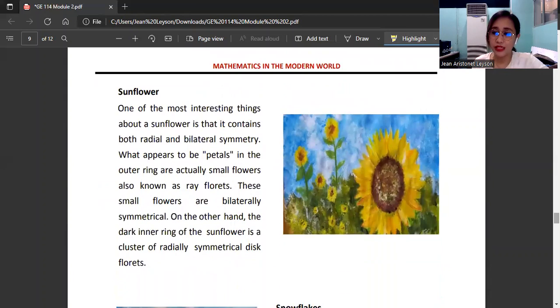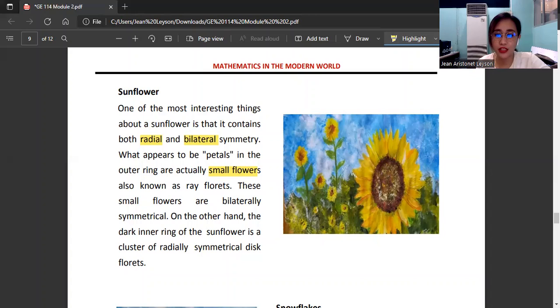Next, we have the sunflower. Actually, I love sunflowers. One of the most interesting things about a sunflower is that it contains both radial and bilateral symmetry. What appear to be petals in the outer ring are actually small flowers. If you take a close look at it, these are also known as ray florets.